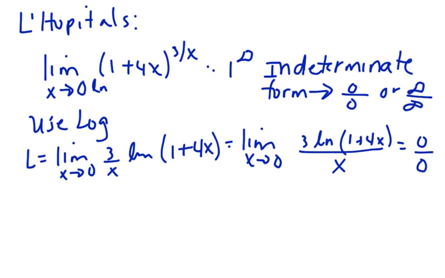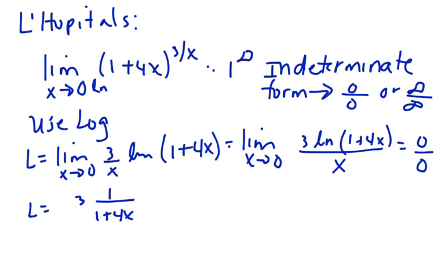So you just take the derivative of the numerator and the derivative of the denominator, right? So the derivative of the numerator is 1 over 3 times 1 over 1 plus 4x, right?